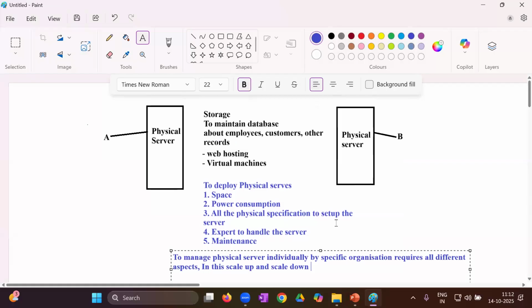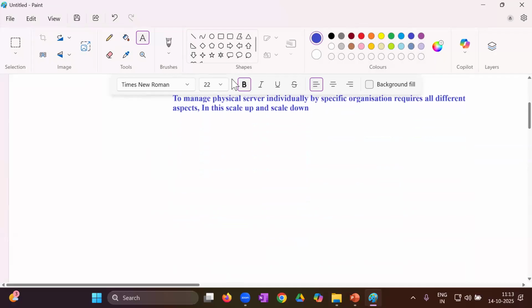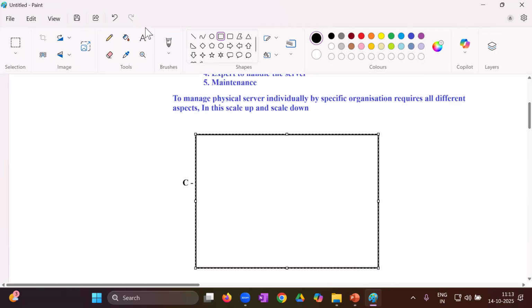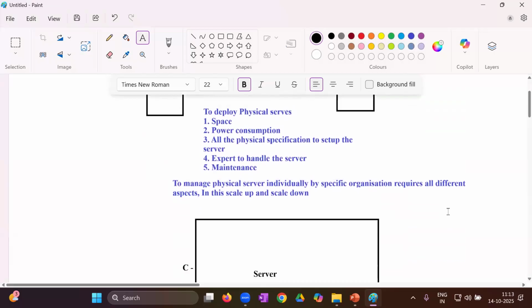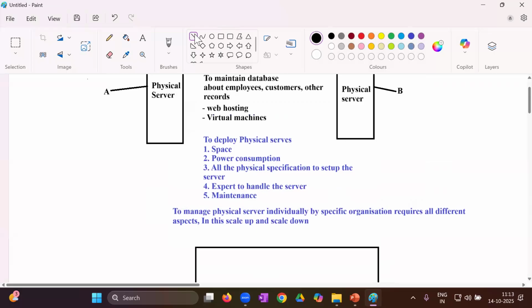So what happened is that in the market, a new company came, company C. What this C company is telling is that, see, I am having a very big server. Now, it will tell A and B that if you want, you can deploy all your info, all the files, and all the database to my server.